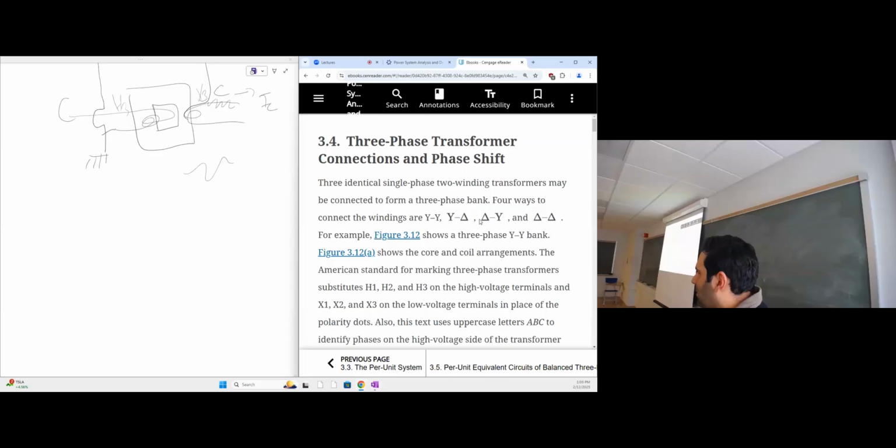Can someone remind me about the benefit of the Y connection? Is there any benefit of that? Yeah, great. Actually, this is the main thing about the Y connection: we have that neutral connectivity, which helps us get rid of any excessive current in the circuit in case of certain unbalance. But how much would the current be in case everything was balanced, there was no problem in the circuit?